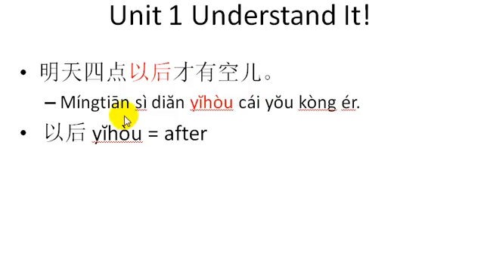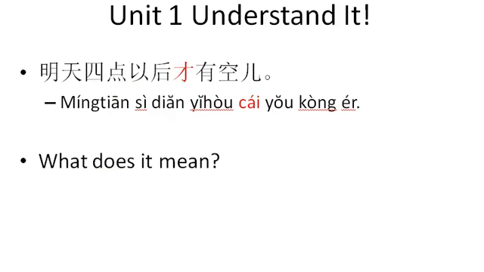明天4点以后才有空. Okay, but let's take a look at this 以后 first. So 以后 just means after. Now, pay attention to word order. Look how these words are ordered. 明天, what is 明天? And then 4点, what is 4点? And then 以后 is after. So look at the position of the word after. All right, so you should have a general understanding of this sentence now. 明天4点以后才有空.